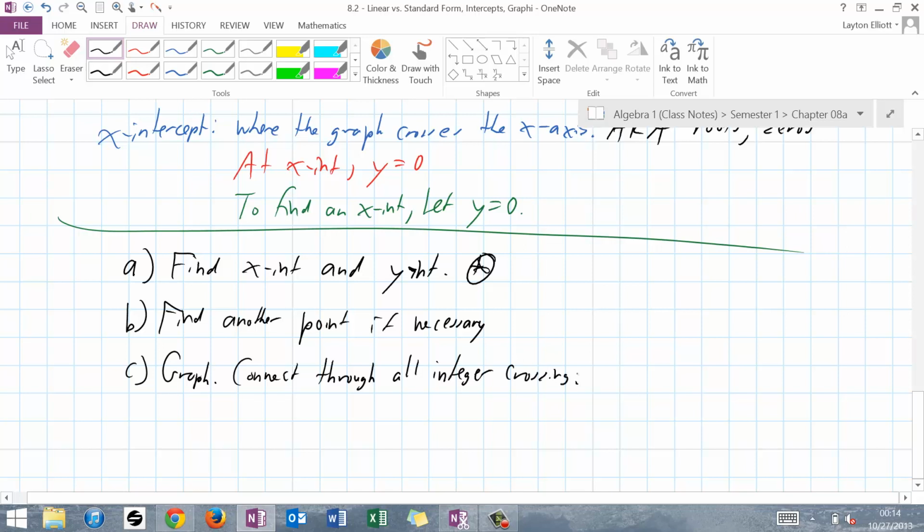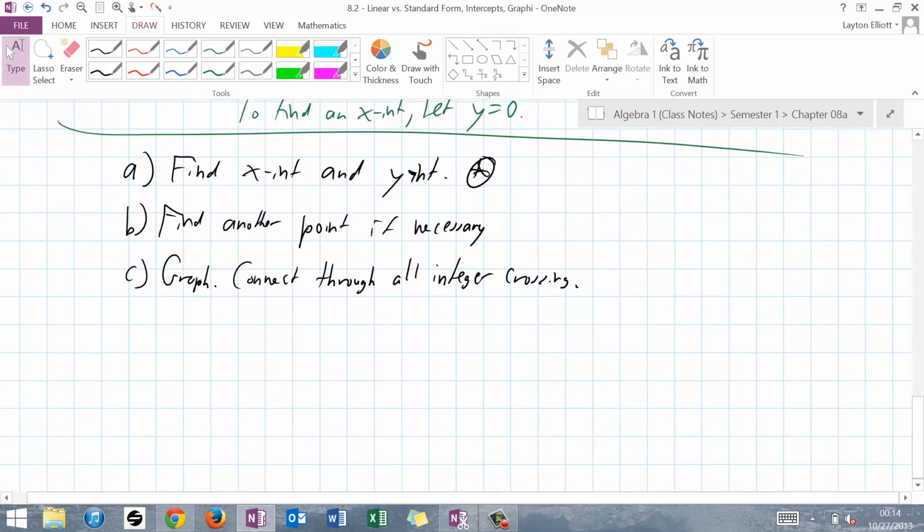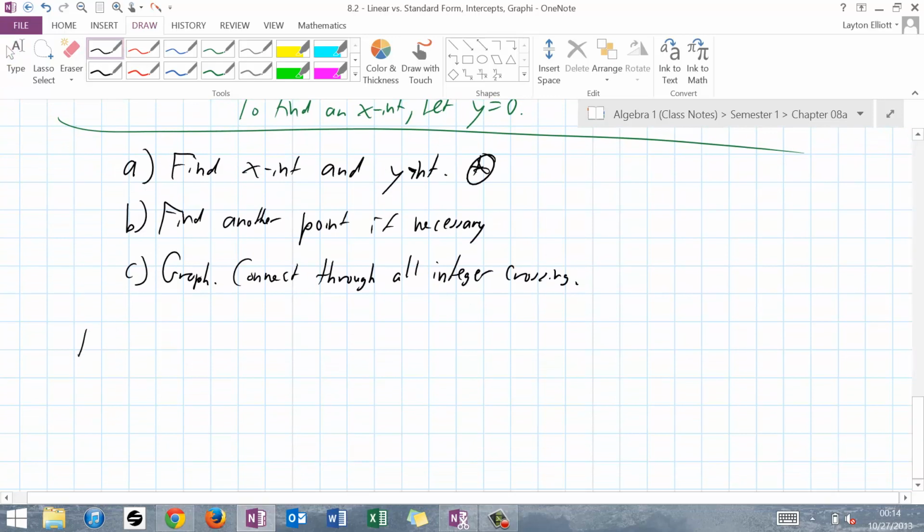Meaning that wherever the line crosses an actual crosshair, we want to make absolutely sure that we have the line crossing through it. So, first example, we're going to do y is equal to 2x. A very simple one. Not a lot going on here.